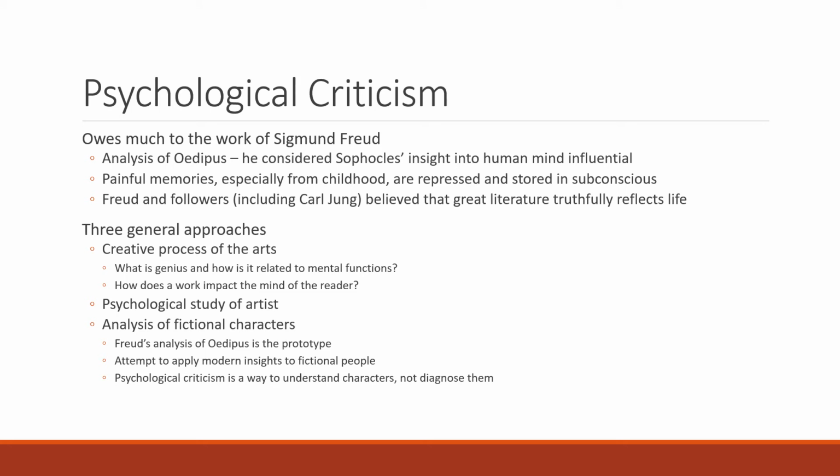There are three general approaches that can be taken in psychological criticism. You can look at the creative process, such as what is genius and how is it related to the mental functions that are going on with the development of this work, or how does this work impact the mind of the reader?